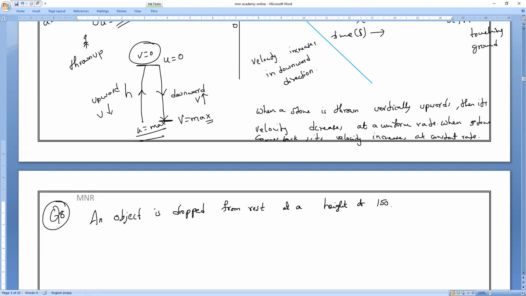An object is dropped from rest at a height of 150 meters, and simultaneously, what do you mean by simultaneously? At the same time. Clear?